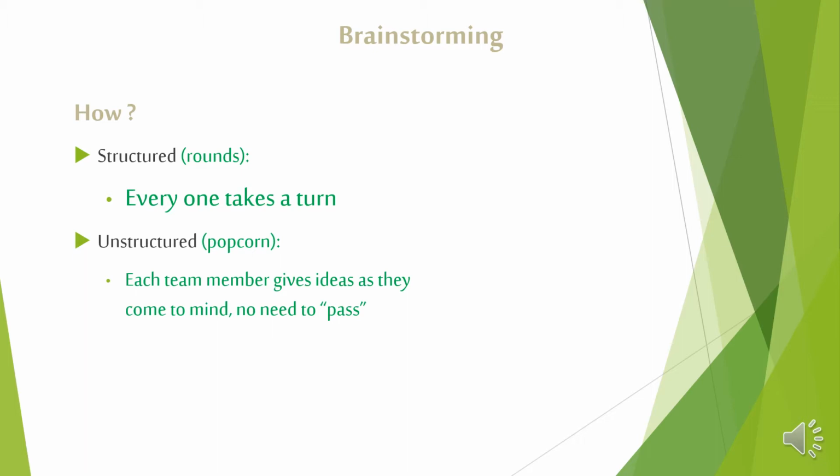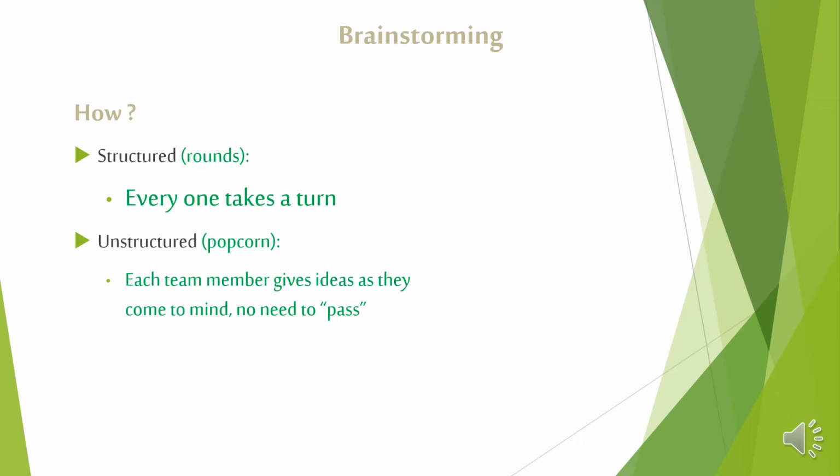Structured means asking the people to sit in a circle at a table with a facilitator, and the person just next to the facilitator gives his input, then the next one, until we finish all the people at the table. Anyone who doesn't have an idea during one turn will say pass, I don't have any idea at that time.